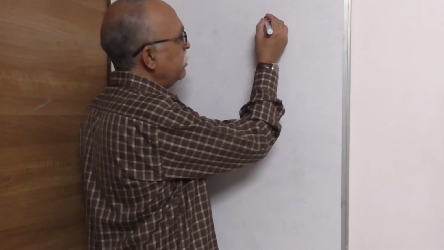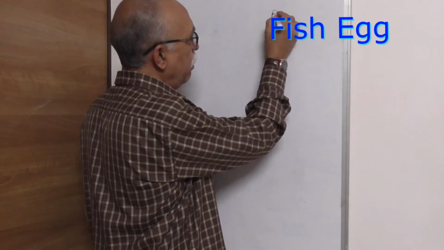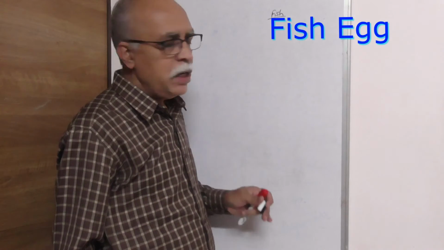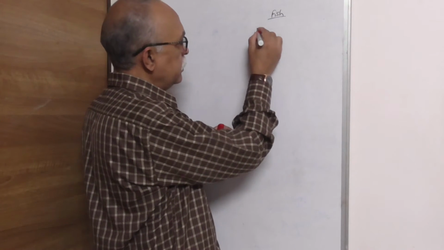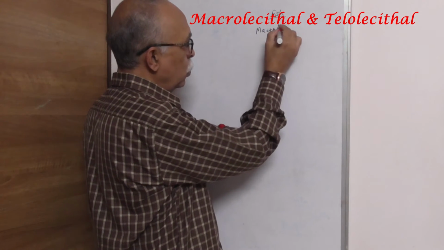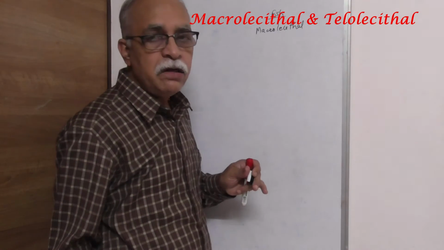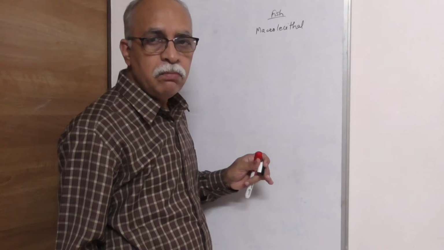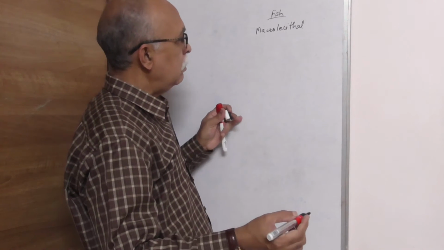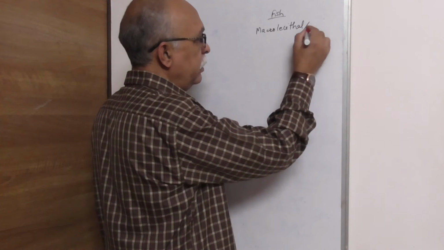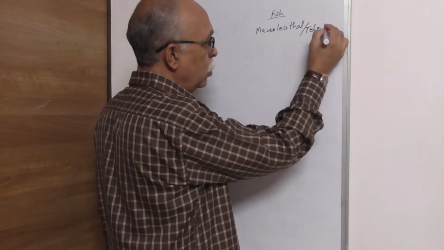Let's then have a look at the egg of a fish. First of all, it's a macrolecithal egg. It contains a large amount of yolk. Moderately macrolecithal, and further it is telolecithal.